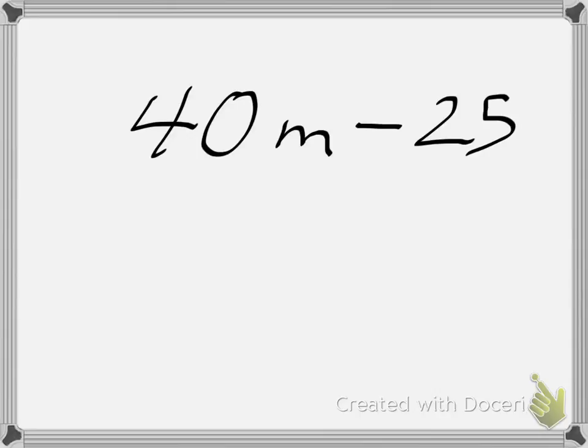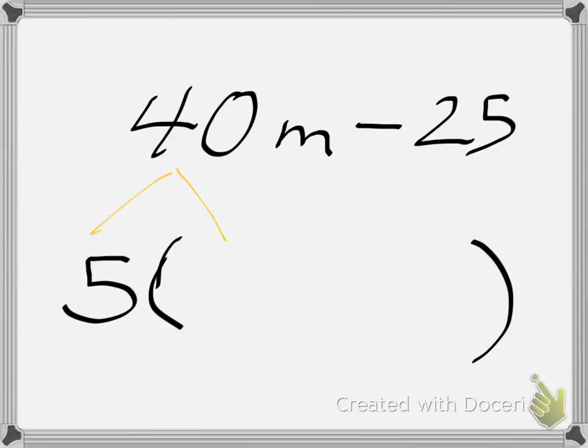And let's just do another one here. Let's do 40m minus 25, and we're going to make one of the factors 5. So we're going to take 5 out, and everything else is going to fall in here.